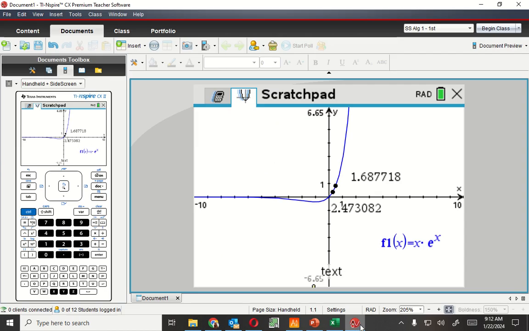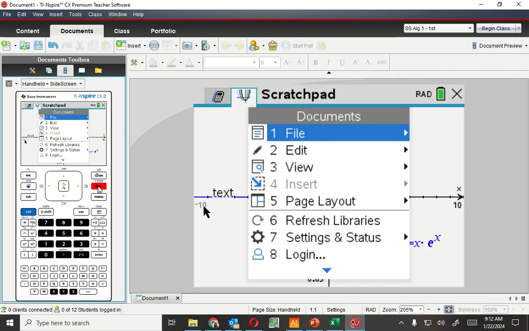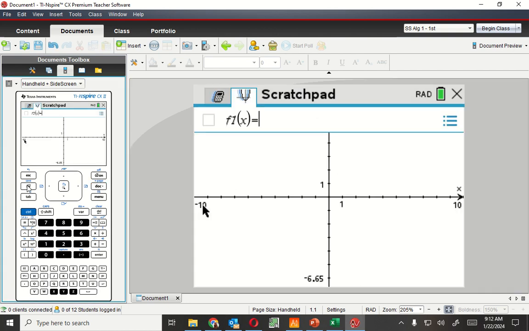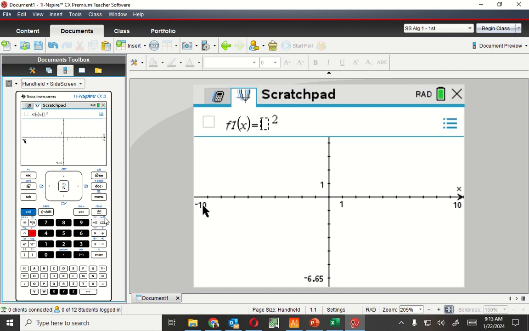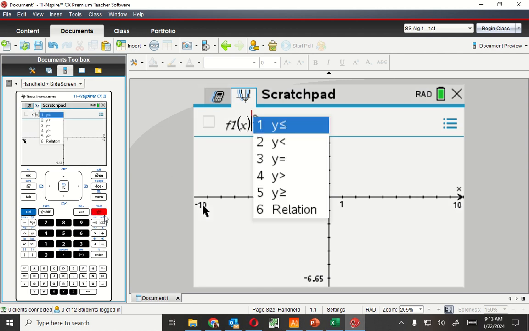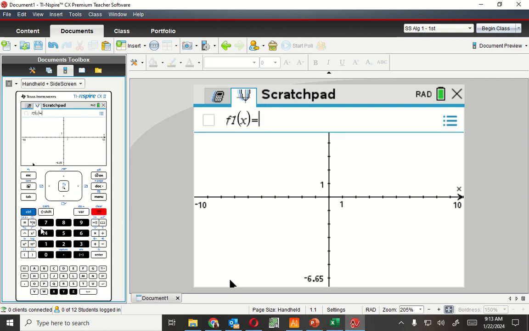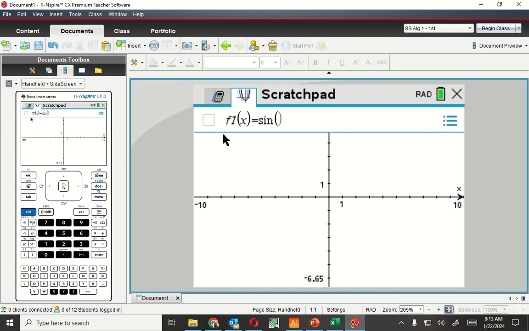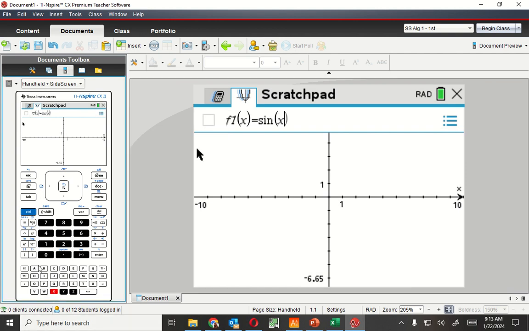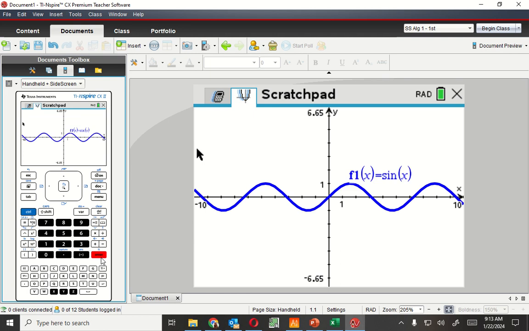To clear your calculator, just hit doc, letter B, clears it, and then we can open up a new one. And then we had sine, oh wait, wrong one. Sine of x, right there, enter, there's sine of x.